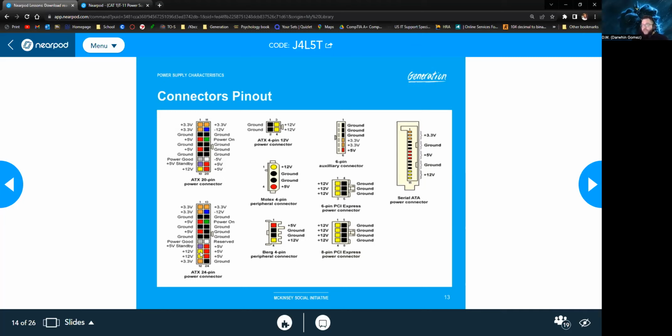Up to that point. But because it's 24, the pin numbers after that change. So 11 is no longer at the top. 11 is right after 10, and it's again another positive 12 volts. And then 12 is after that. So then the pin at the top next to 1 would be 13 in this case.